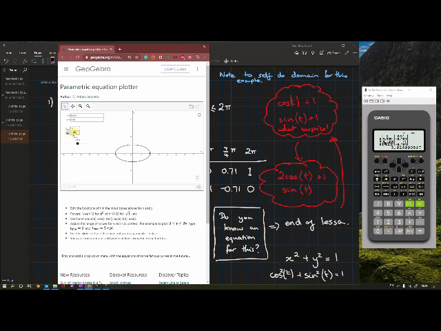Let's just reduce that down to 0. So there we go. We've gone all the way around. They were doing -2 pi to pi, so you didn't see everything. But this is only filling in between 0 and pi over 6.